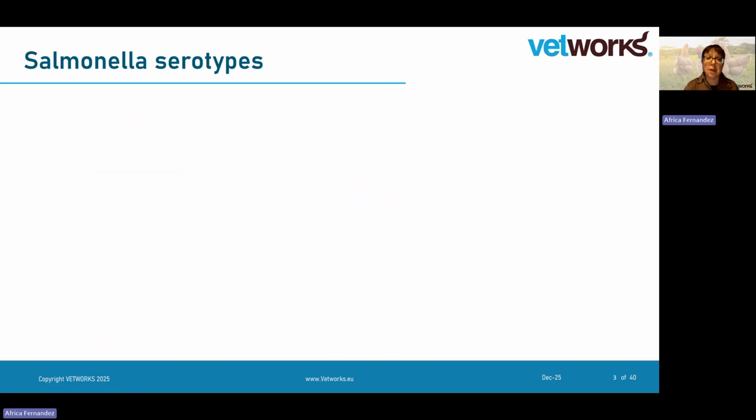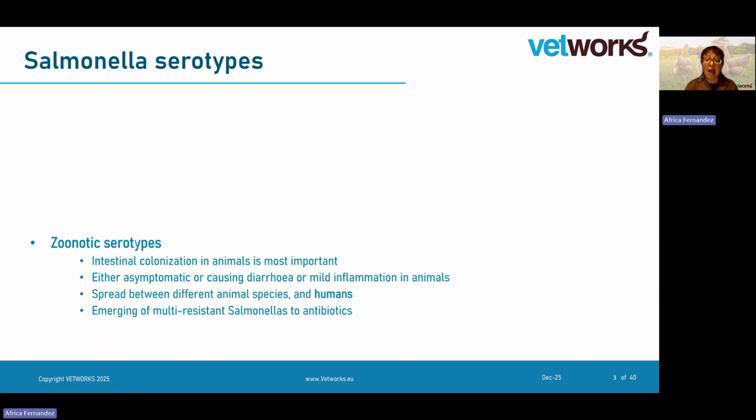We have another group of serotypes, which are the zoonotic serotypes, and what they do is colonize the intestinal lining of the animals, but they cause no very significant clinical signs in poultry, maybe a mild diarrhea or inflammation.